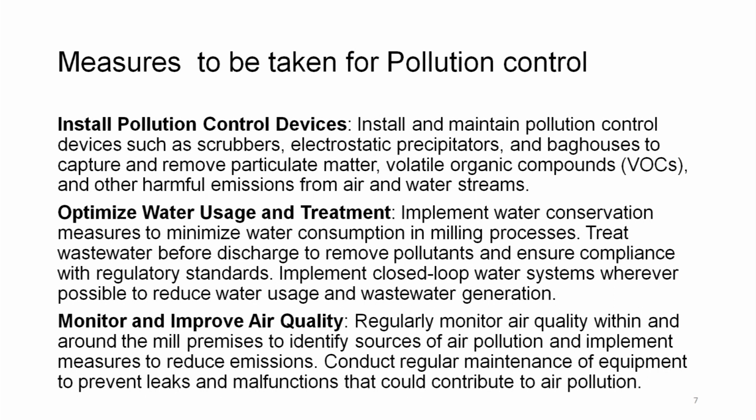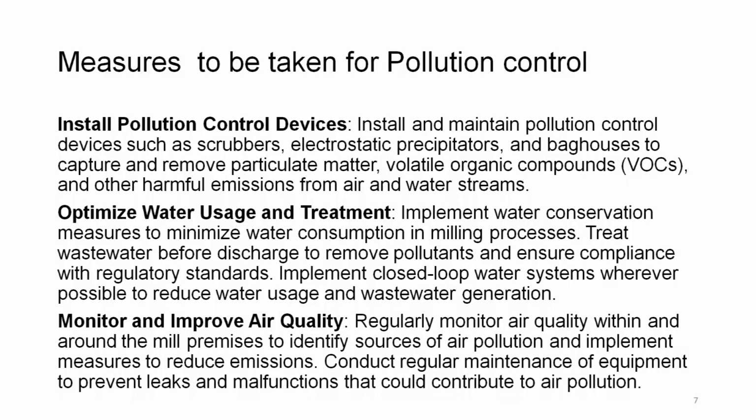So, when we go around a mill, we see a lot of air pollution, and some of them we cannot even perceive through our eyes, but they exist. So, they need to be captured and removed, and this can only be done if pollution control devices are installed.